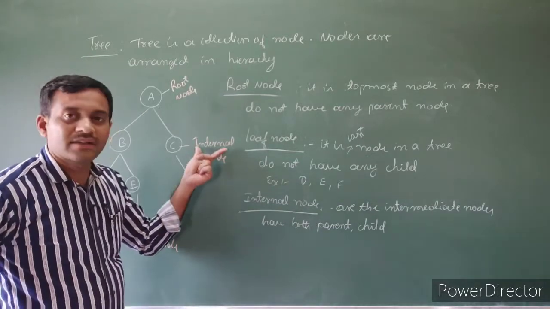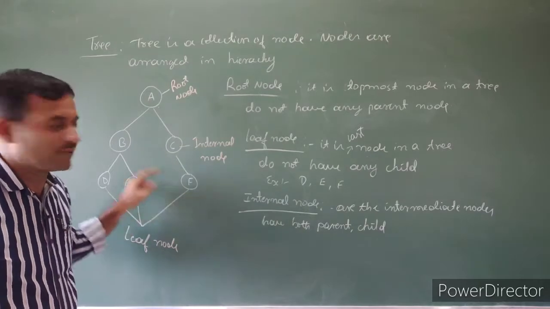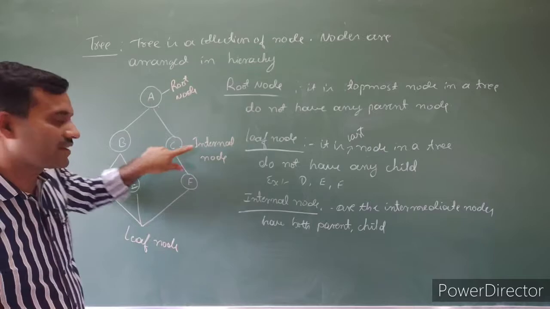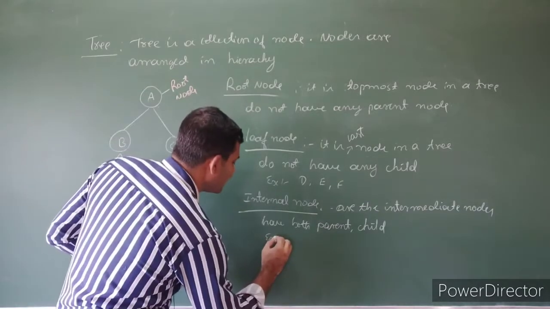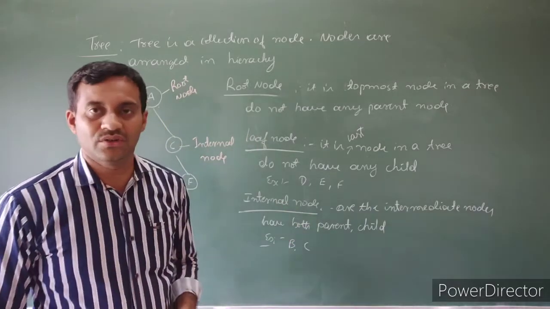See here, C has a parent A and a child F. B has a parent A and children D and E. Hence, B and C are the internal nodes in this diagram.